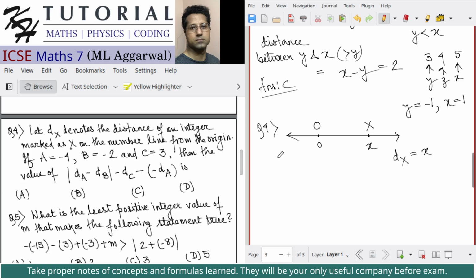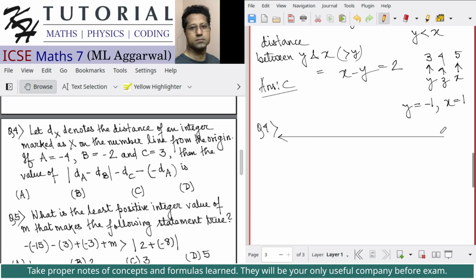Okay, so now let's see what will be A. Now remember, A and B are negative integers. So let's try to mark all the integer values A, B and C on the number line.